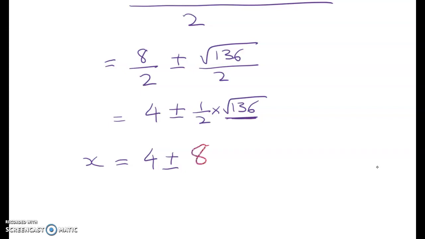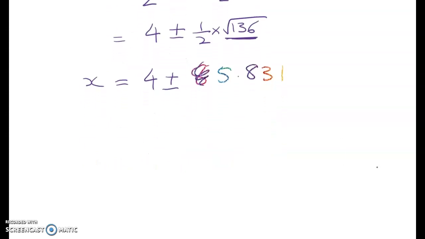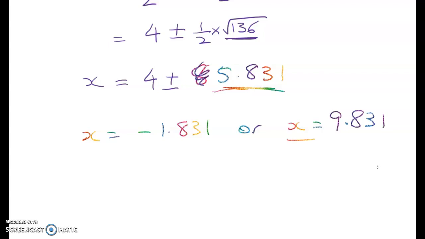So it's 4 plus or minus 5.831. Now we need to go on our calculator. x equals 4 minus this number, which gives me negative 1.831, or x is equal to 4 plus that number, which is 9.831. And you can see that I've got 2 solutions here.